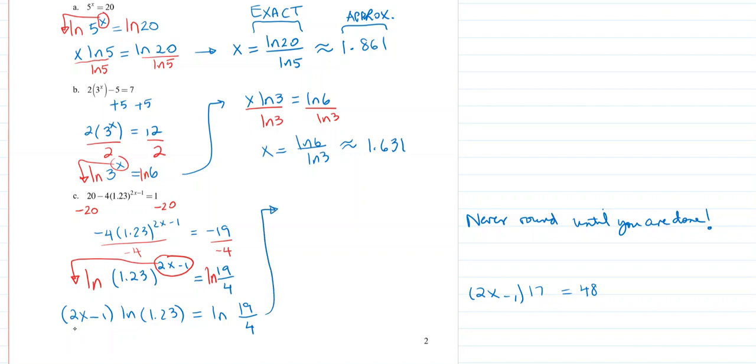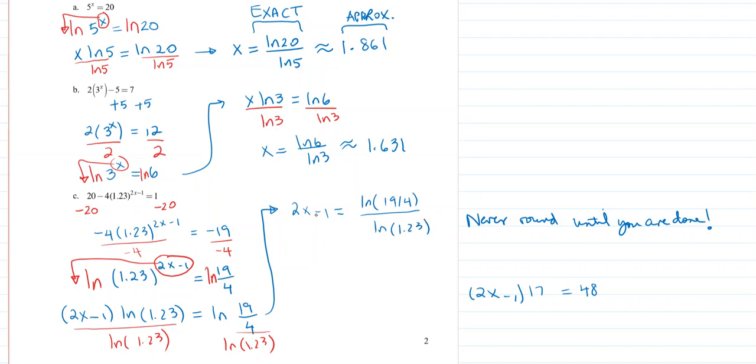We will divide both sides by ln of 1.23 because it's being multiplied by that parentheses. And that gives us 2x minus 1 on the left, ln of 19 over 4 over ln of 1.23 on the right.